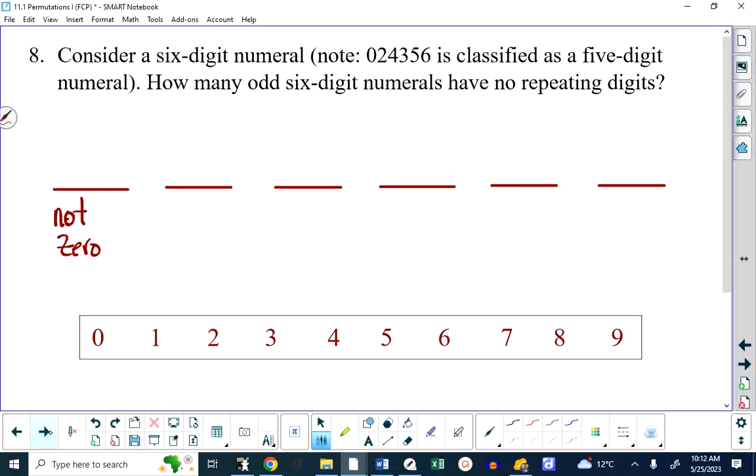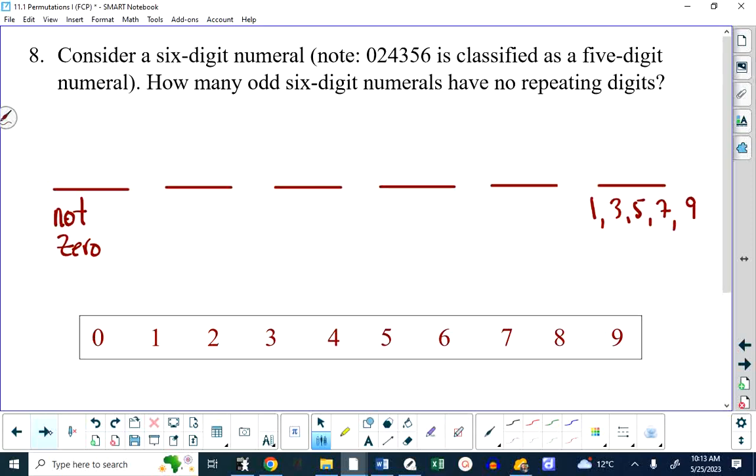But we're not just asked how many different 6-digit numerals are there. We're asked how many odd 6-digit numerals have no repeating digits. So we can't repeat digits, and it must be an odd numeral. If it's odd, this last digit has to be odd.